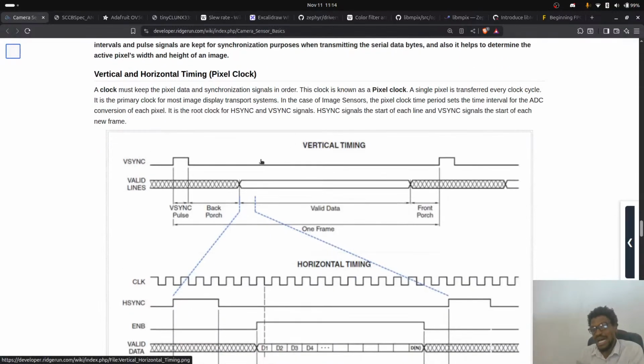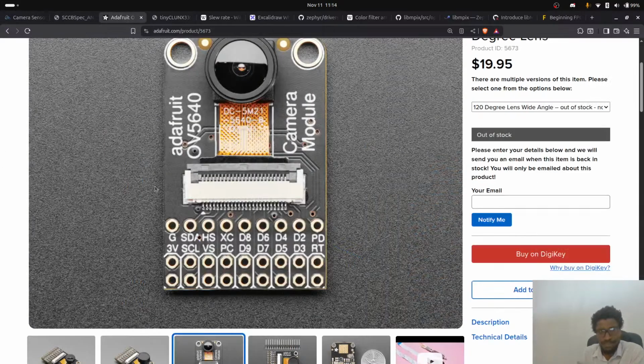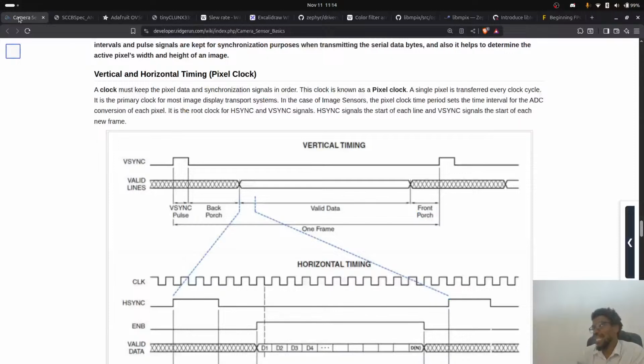And then you have a pixel clock, which is a P clock, which is something we looked at here. Remember, P clock, this is a pixel clock here, or a peripheral clock. It comes in many names. A clock must keep the pixel data and synchronization signals in order. This clock is known as a pixel clock.